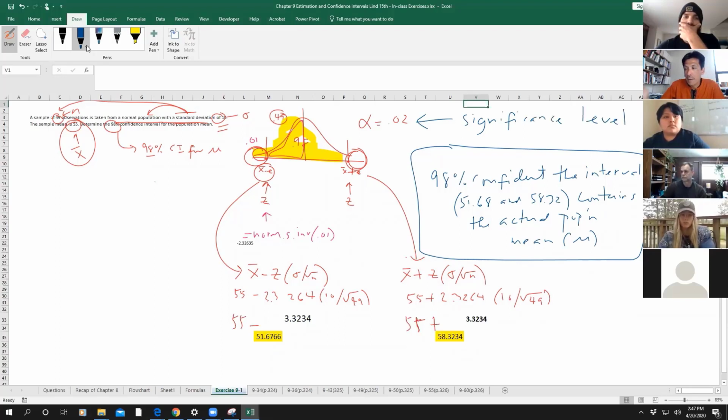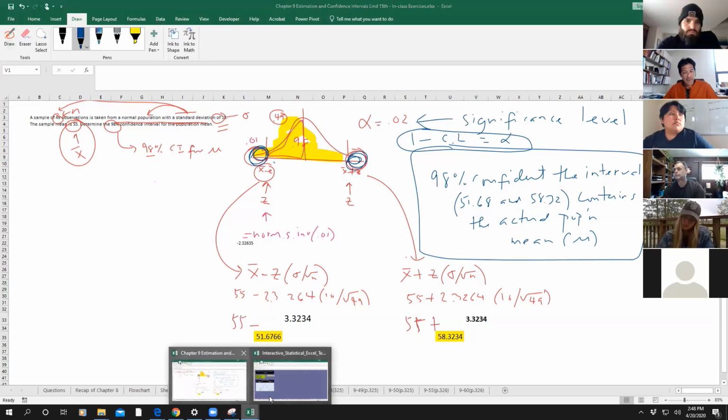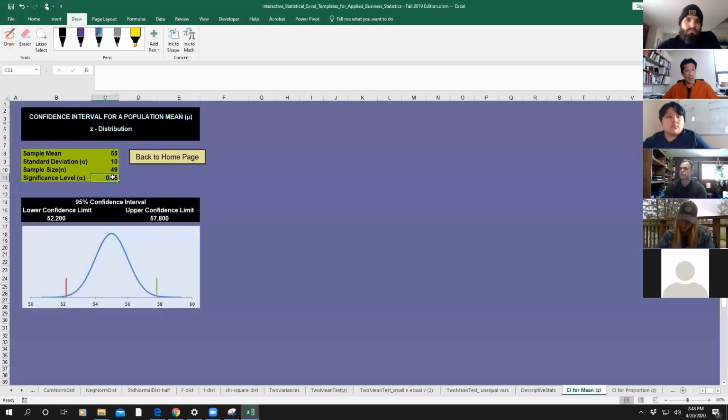And you said that's 1 minus the confidence interval? Correct. Confidence level. So 1 minus the confidence level is equal to alpha. Okay? And that's also the sum of the tail ends. All right, so this should be 0.02.